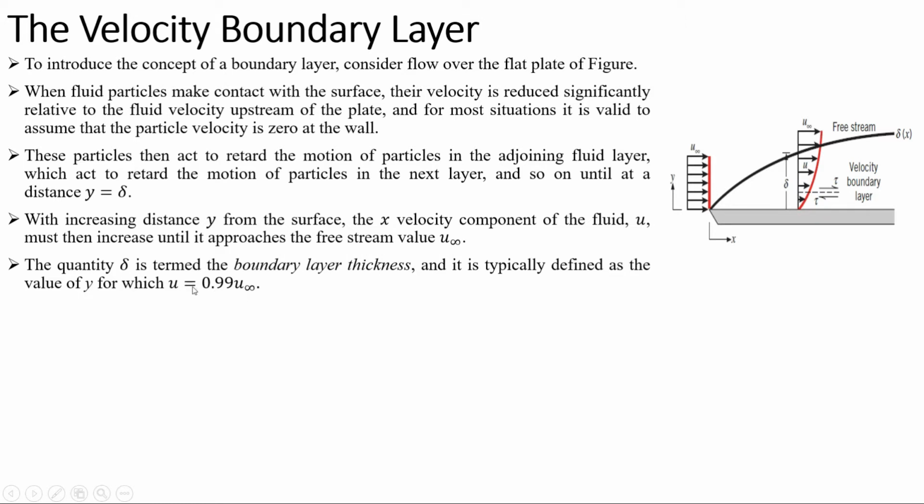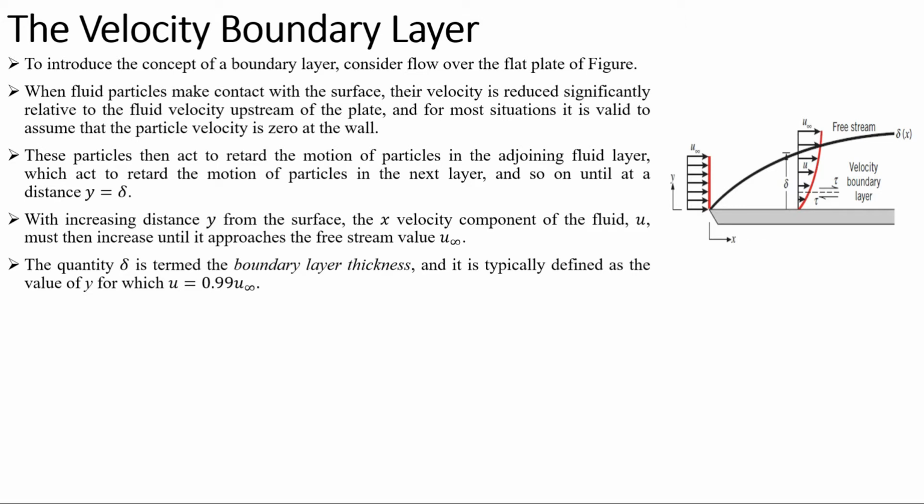It means that the point where velocity of the fluid becomes equal to 99% of the free stream velocity, that limit is termed as boundary layer thickness, denoted by delta, and it is typically defined as the value of y for which u is equal to 0.99 of u infinity. Means if you move in y direction, the point where the velocity becomes equal to 99% of the free stream velocity is known as boundary layer thickness.